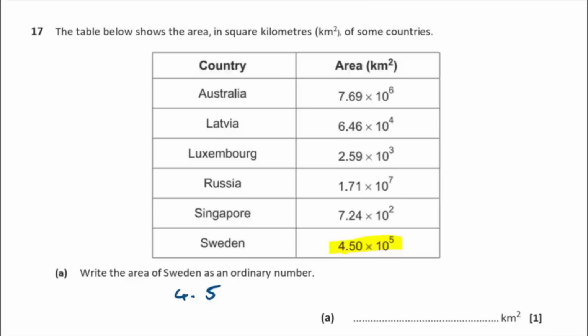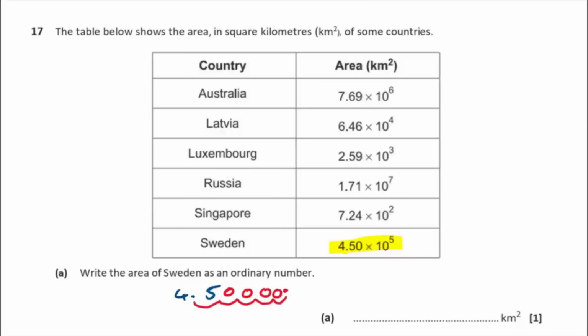If I want to write it as a normal number, I could just type that into the calculator and work it out, or I can work out where the decimal point goes. Times 10 to the 5 will have the effect of shifting the decimal point 1, 2, 3, 4, 5 jumps along, which means there are going to be some extra zeros appearing.